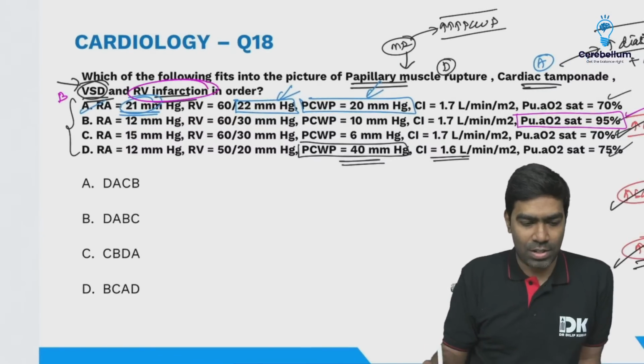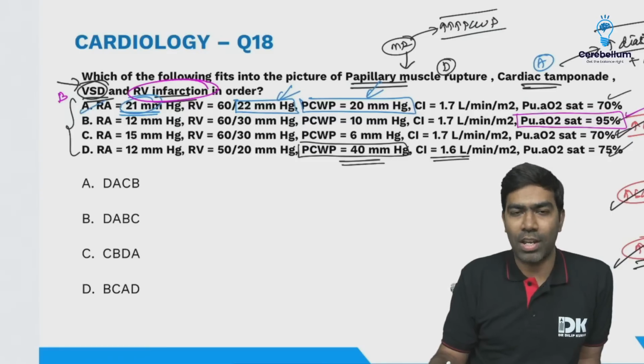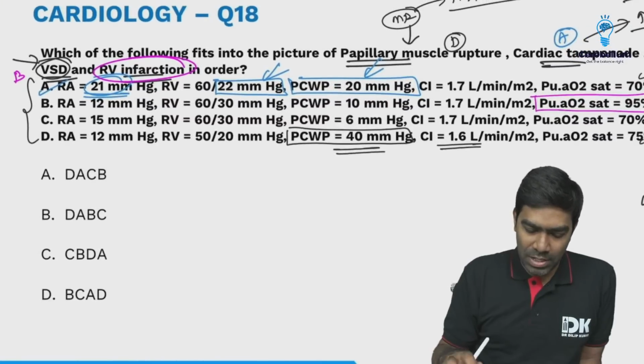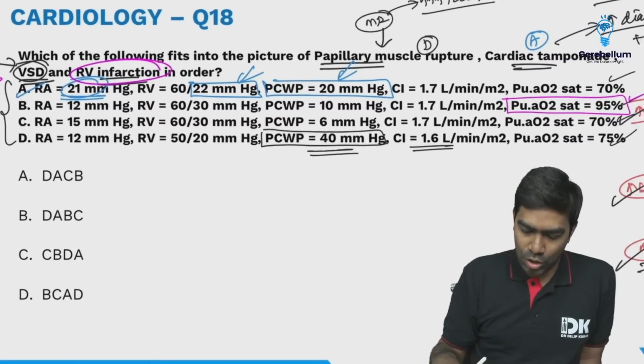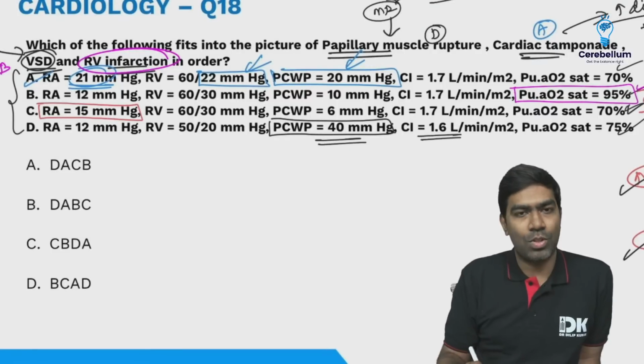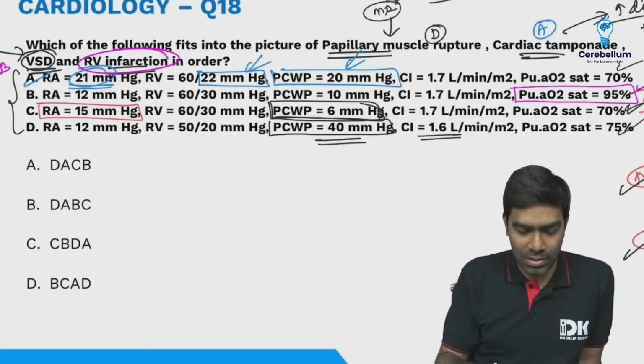So RV infarction. We already know if it's going to be right ventricular infarction, you're going to have acute right ventricular failure. So look at this, where your CVP is very high. So look at option C here. The right atrial pressure is very high, which means the CVP is very high, and the PCWP is almost normal. We discussed in the previous question only.